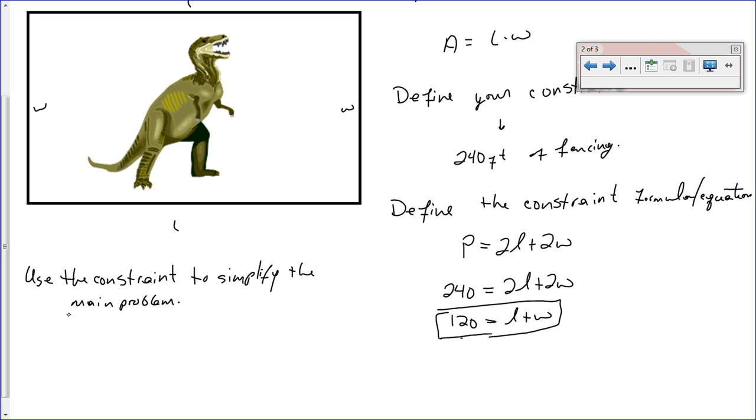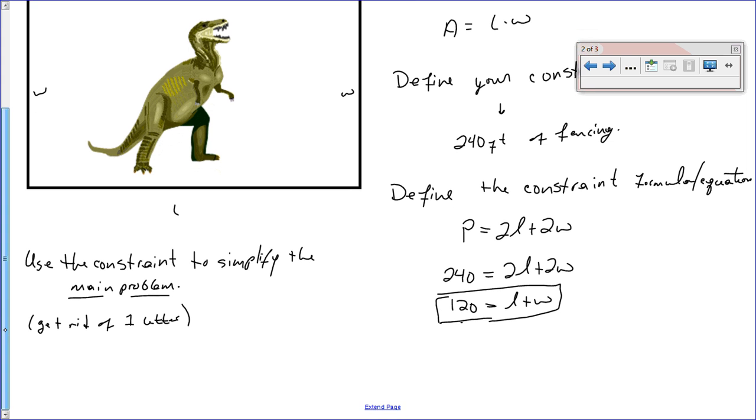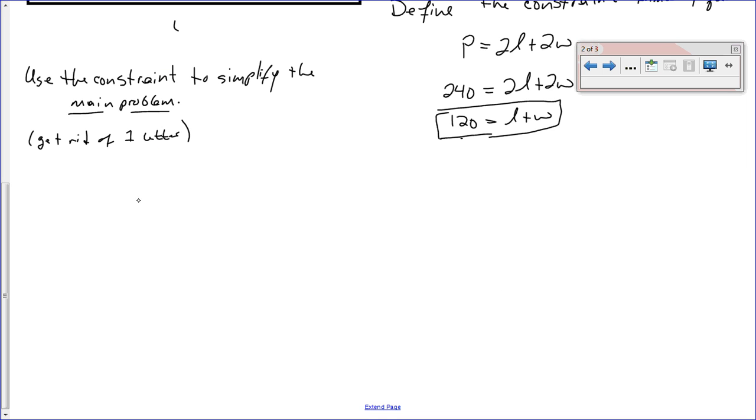Well, that simply means get rid of one letter, because you can't solve a single equation if you have multiple variables. So we want to try to get rid of a variable.